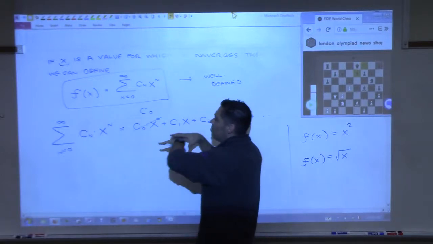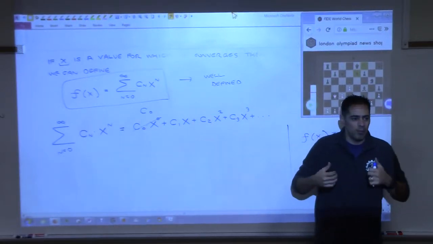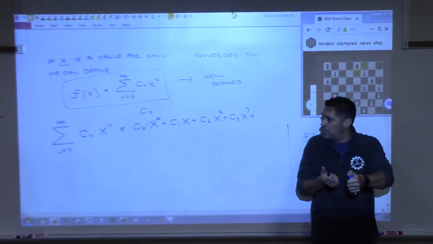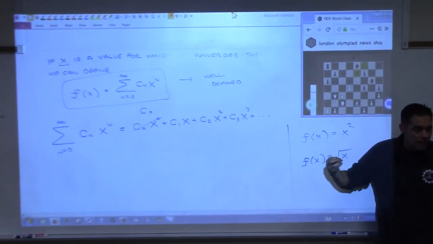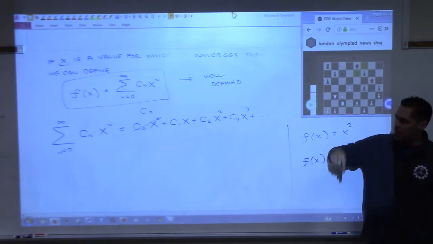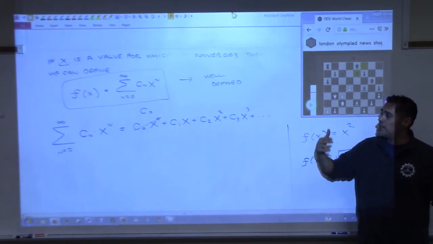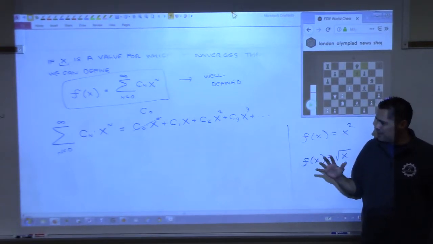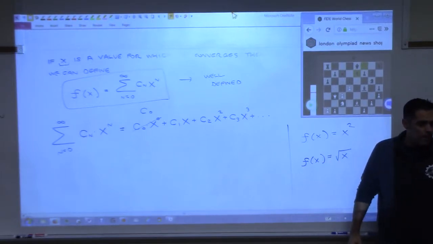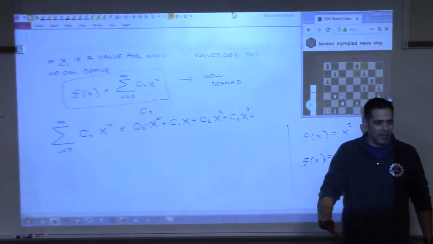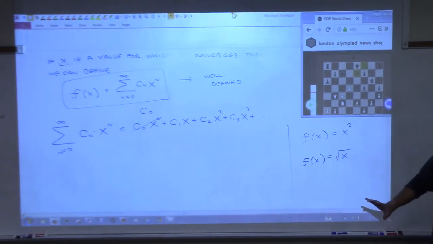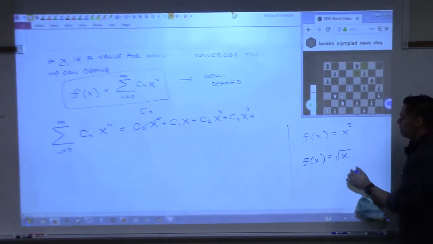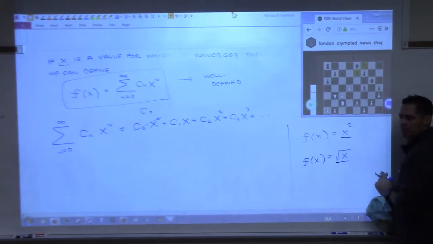I'm trying to get us to understand that now we've introduced a variable into the series. So now that variable is going to allow us to define a function with inputs and outputs and domains and things like that. Is that okay? We're getting there. I'm just trying to get you to see that this is a well-defined function, this is a well-defined function.